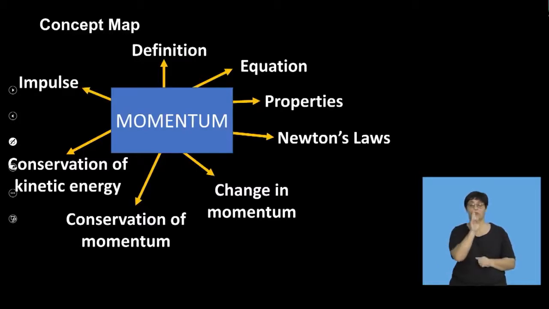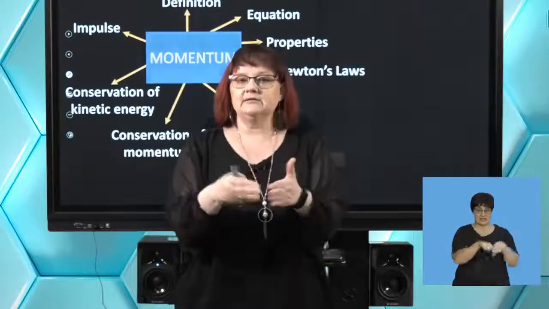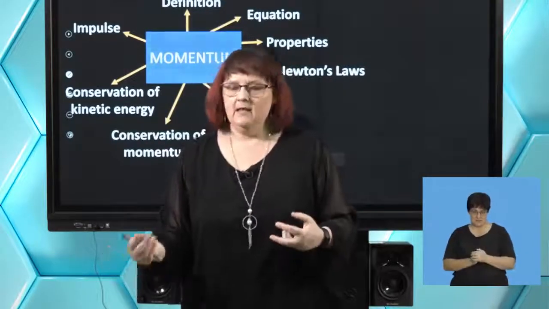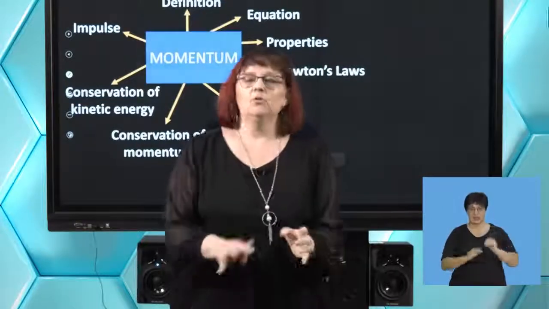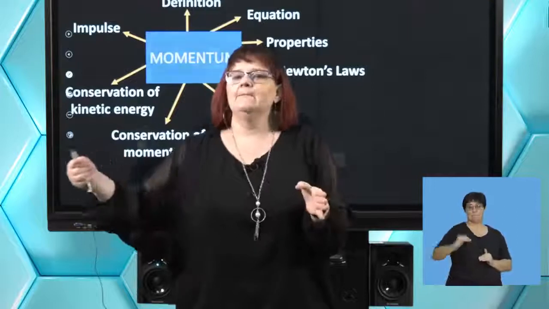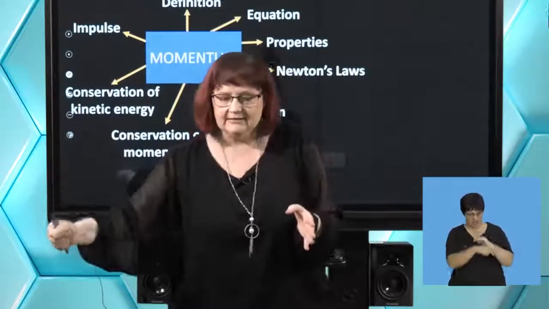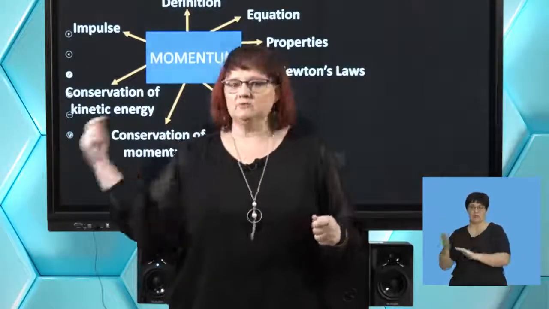So now, we've looked at it. We've realized that F net delta t can be affected by time. And when we want to make the net force smaller, we have to make delta t bigger. We are going to look at that again in detail. But F net delta t equals change in momentum.